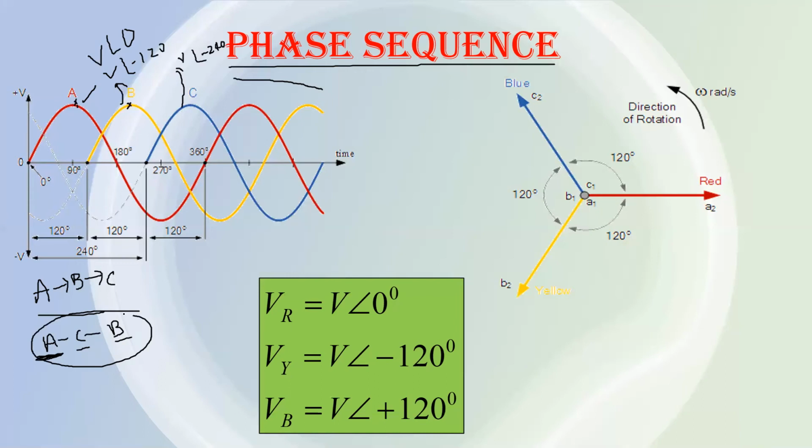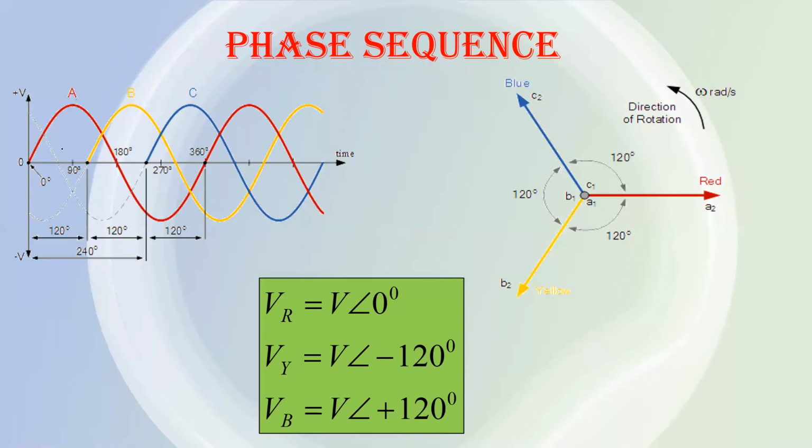One is ABC and another one is ACB, if the reference voltage is A. And you can clearly see this in the diagram. If I ask you what is the phase sequence of the waveform shown here, from the waveform you can easily say, as phase A reached its maximum value first, then B, and then C, its phase sequence is ABC.